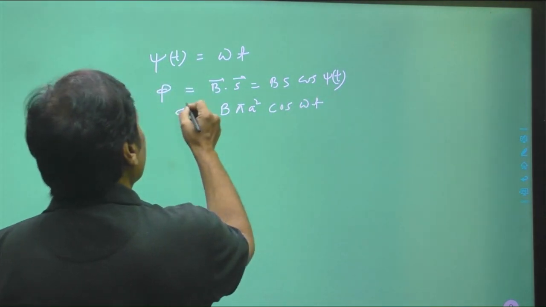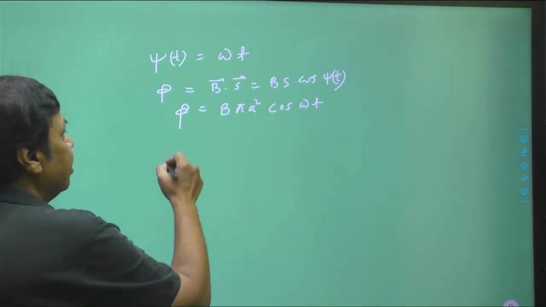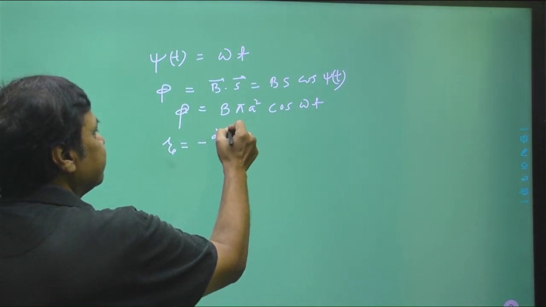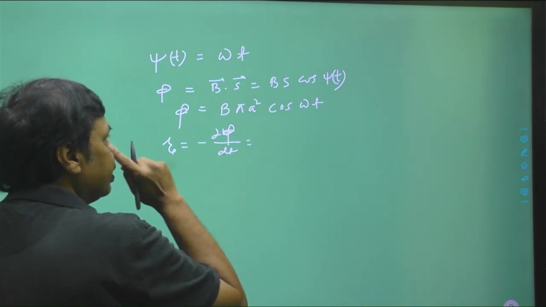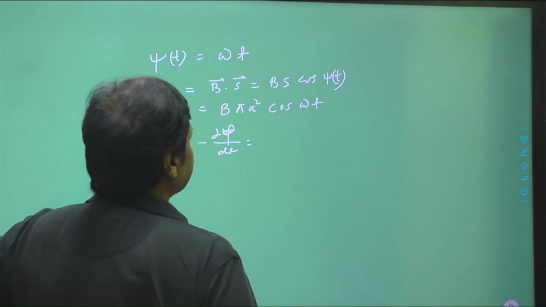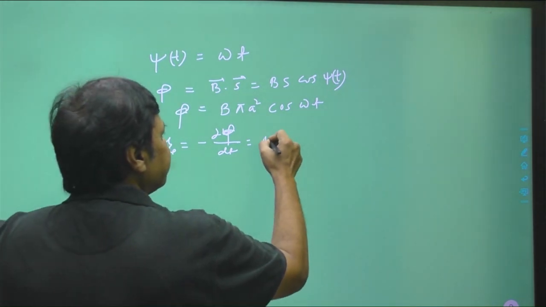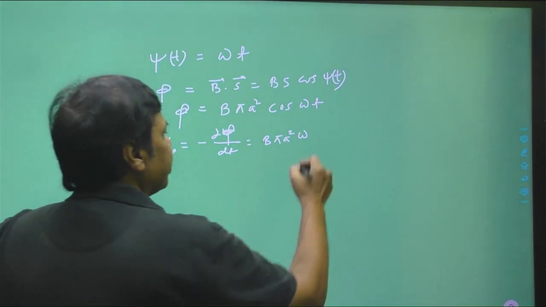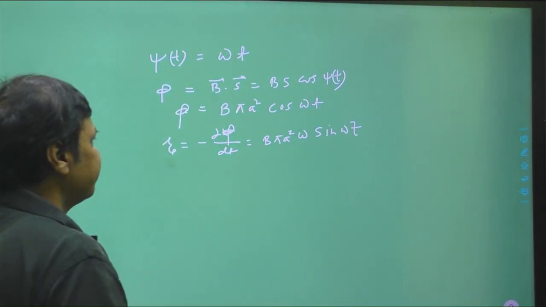So I got the flux, and then I will need the induced EMF in the loop, that is minus d phi by dt. The minus sign can be compensated here, and I got B pi A square omega sine omega t. This is the basic differentiation you can do.